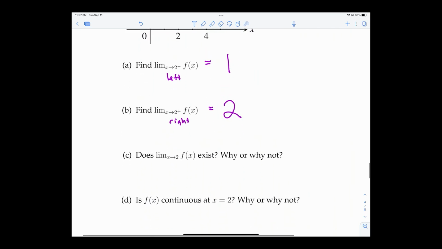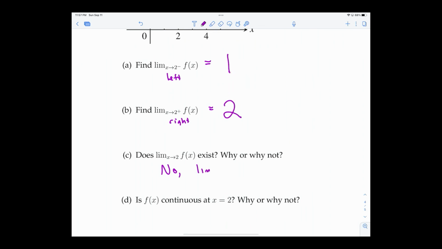Then it says, does the limit as x goes to 2 of f of x exist? Why or why not? Answer is no. And the reason why is because the two one-sided limits, the answers up here, are not equal, right?